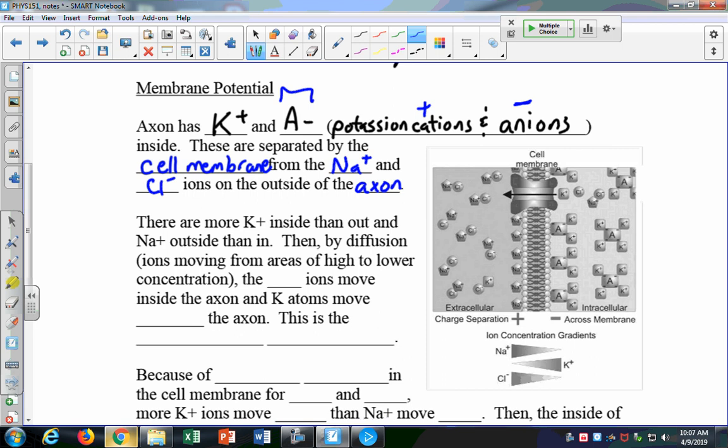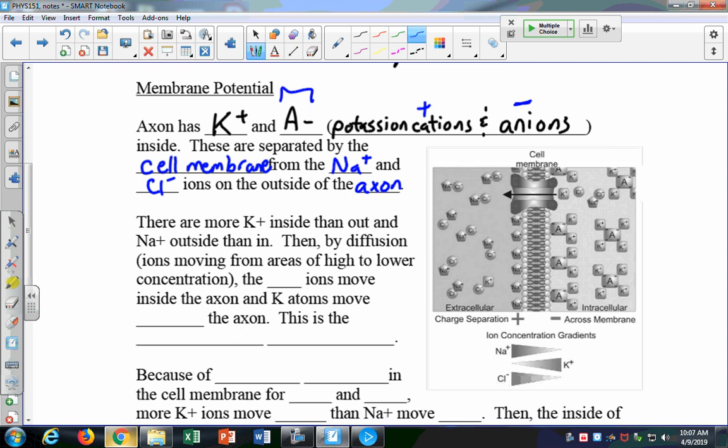So there's several things going on, and I'm not going to ask you to reproduce all of them. I'll be clear with you as we move along what I'll ask you to know. But in short, you have more potassium ions on the inside than on the outside. And so by diffusion, because things tend to move from high to low concentration, some of those potassium ions are just going to diffuse across the cell membrane.